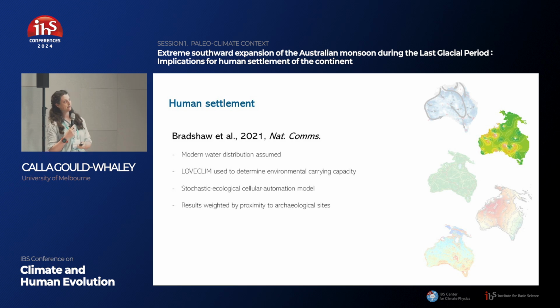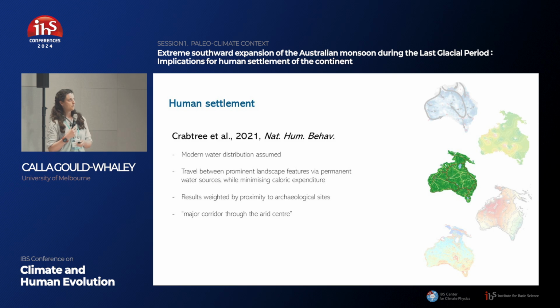So Bradshaw et al. used the Lovelock model to determine environmental carrying capacity, and they used a stochastic ecological cellular automaton model, but they weighted their results by the distribution of archaeological sites. And then a companion article also assumed modern water distribution, but they modelled travel through the landscape between prominent landscape features via permanent water resources while minimising caloric expenditure.